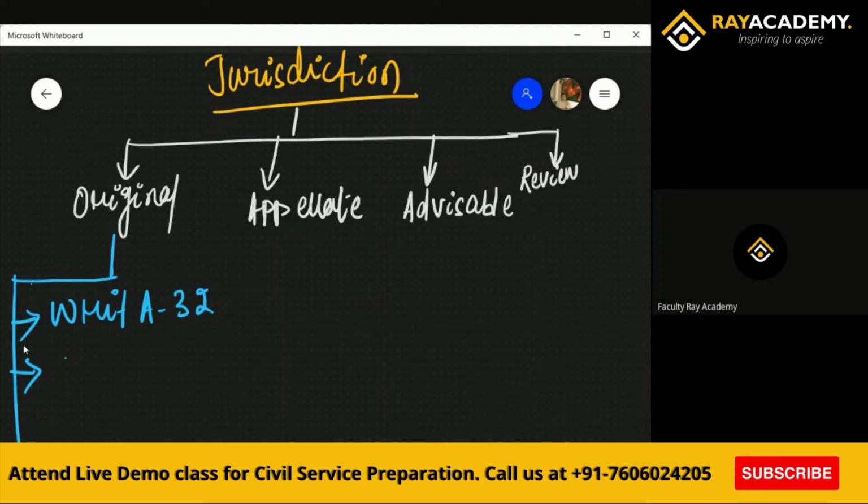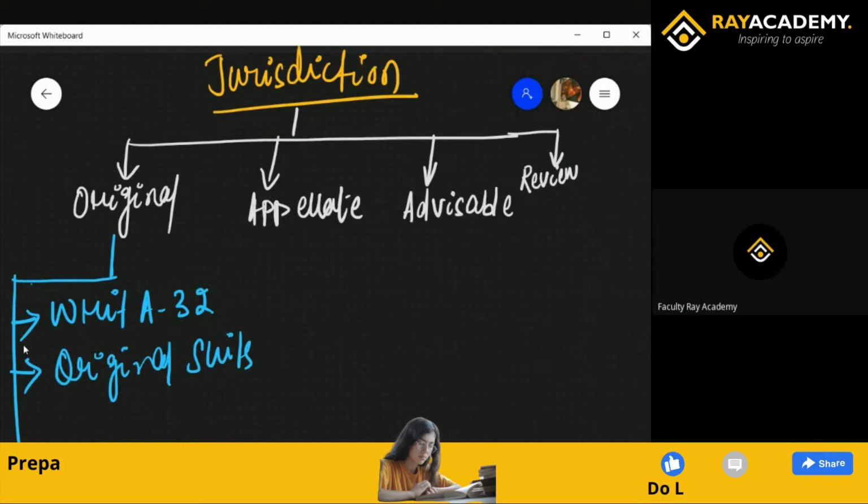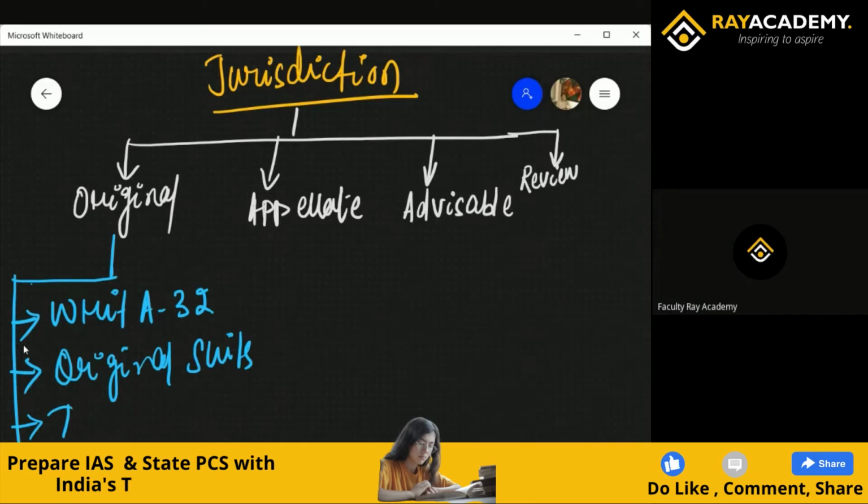Another one is original suit. Another one is transfer jurisdiction. इतना अगर आप समझ गए, believe me, your judiciary will be 99% clear. 1% तो नहीं हो सकता.